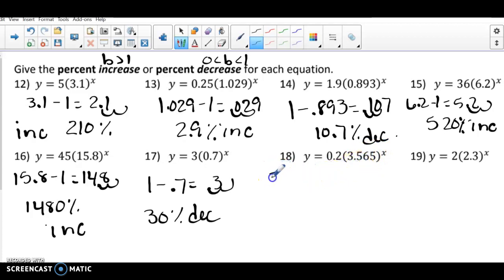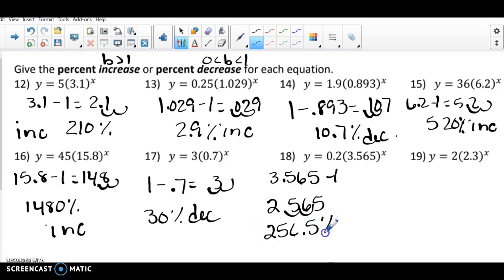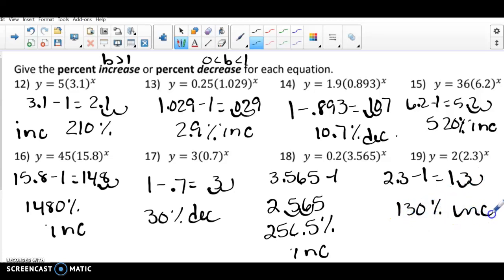Greater than 1, so 3.565 minus 1 gives me 2.565, 2 places, so 256.5% increase. Again, greater than 1, so I subtract 1 from it, so I have 1.3, 2 places, 130% increase.